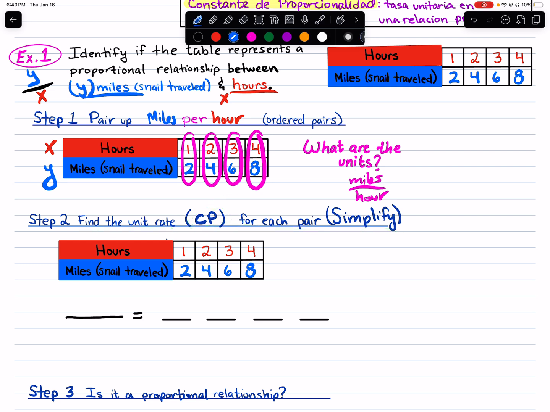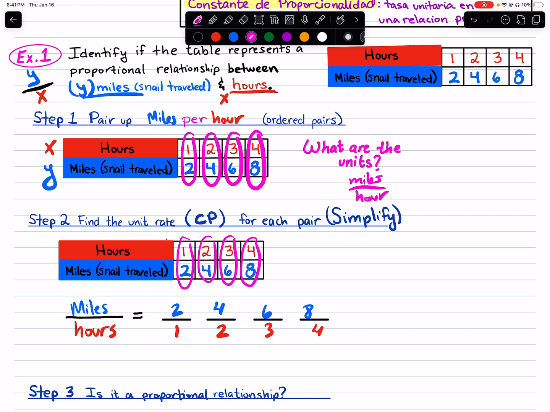So we have here miles. I know it's first because this is first. Miles, then hours. Okay, I'm going to circle these again because I really don't want to get these confused. You don't want to make that little mistake. Let me put these on top. 2, 4, 6, 8 over 1, 2, 3, 4.